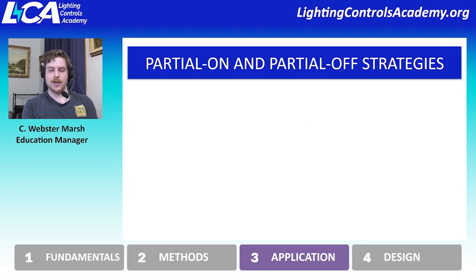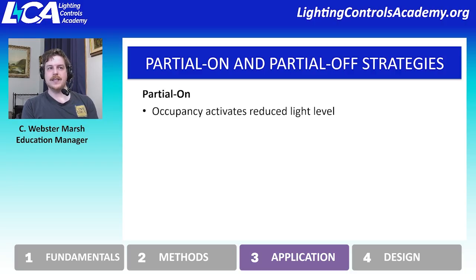Partial on, partial off strategies. Partial on means that the occupant activates a reduced light level, as opposed to walking into the space and the lights turning on to full output. They might just go to 50%. As a result, you're going to save energy by having partial on rather than full automatic on.